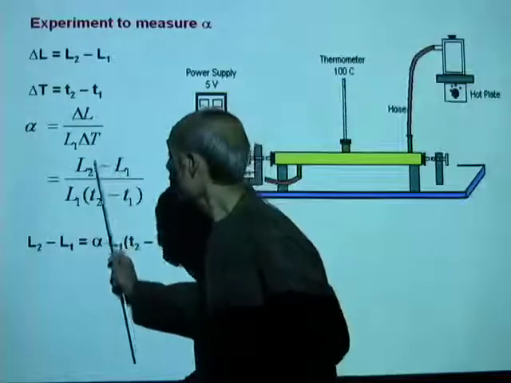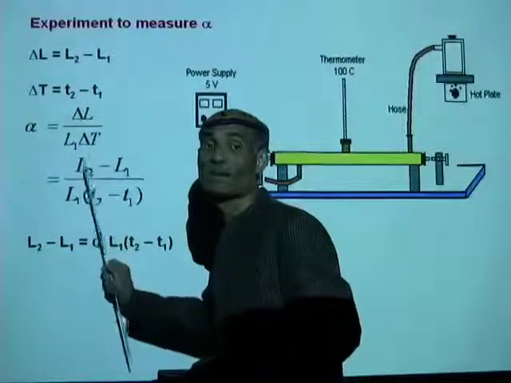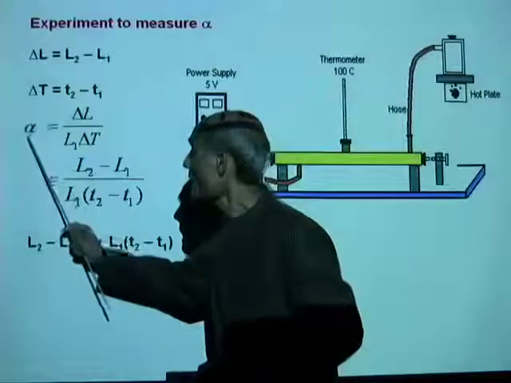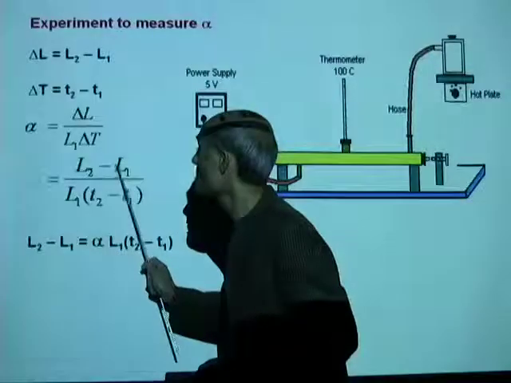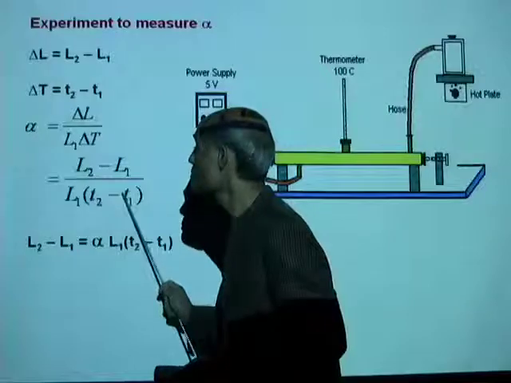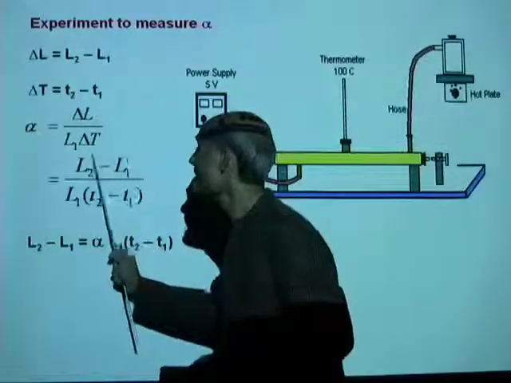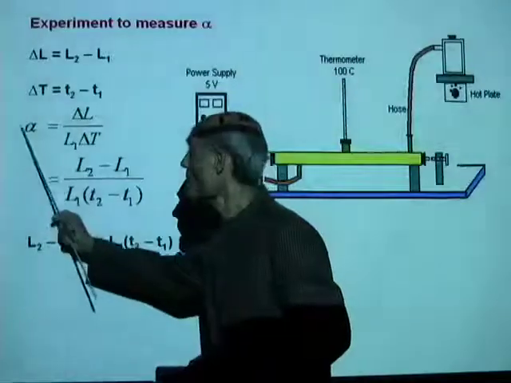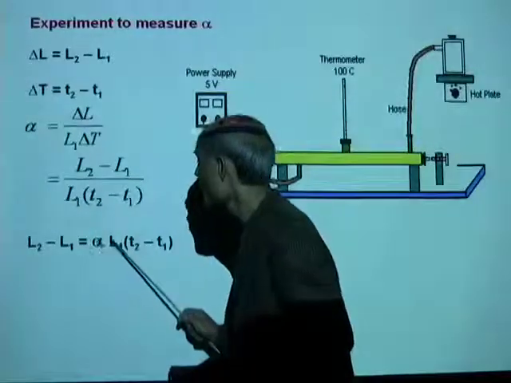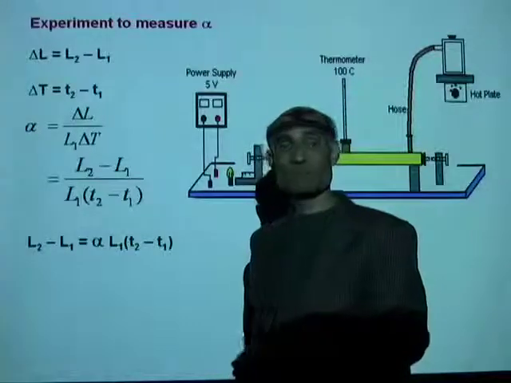Let's now solve this equation for L2 minus L1. Can you do that? Alpha equal to L2 minus L1 divided by L1 times T2 minus T1. Therefore, L2 minus L1 equal to alpha multiplied by L1 times T2 minus T1.